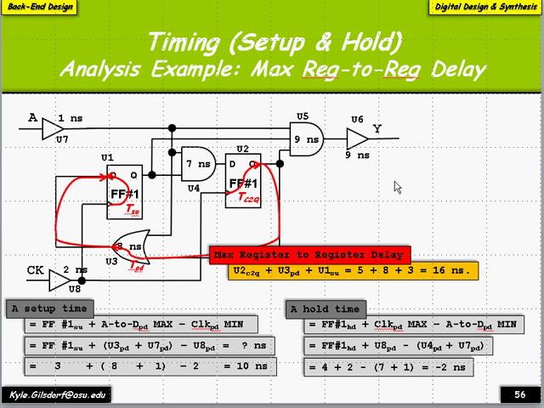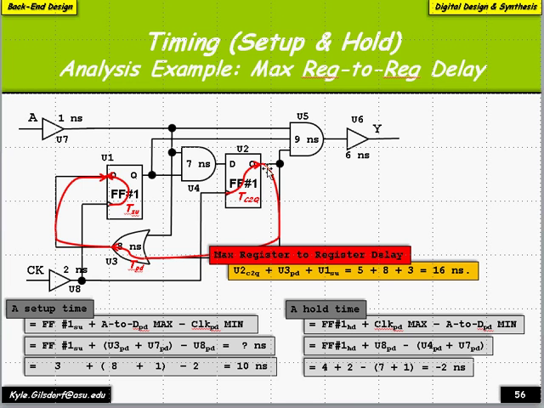What we're looking at here is a simple scenario where we are going to examine the maximum reg-to-reg path delay. Remember, that is the path that hits the most gates or takes the longest amount of time to solve. I've picked out the slowest path in this design, and I've highlighted it here. The reg-to-reg path delay is only going to be this path right here.